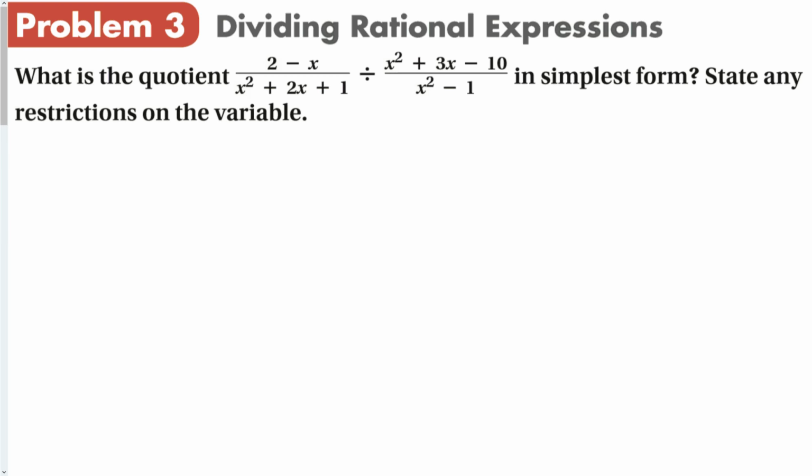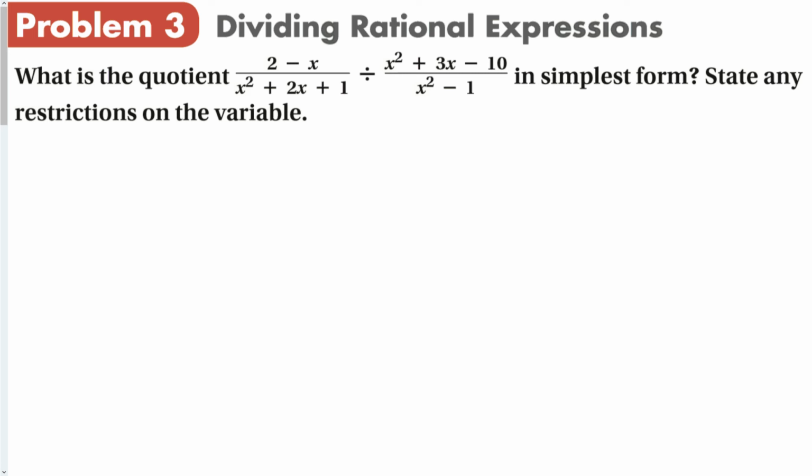The only thing you have to remember here is that x cannot be equal to anything that was ever part of the denominator. So in this question, x squared minus 1 is part of the denominator now, and then this will be part of the denominator in a few seconds. So anything on this side right here is a restriction on the variable, anything that sets the numerator or denominator equal to 0.